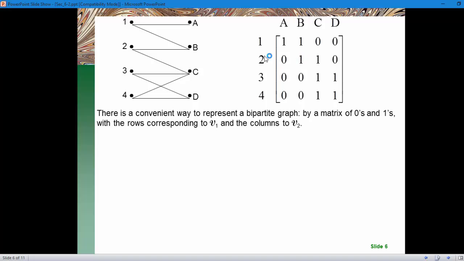But that's fine because this matrix is only for bipartite graphs. If we had an edge here, then this graph wouldn't be bipartite. So remember that this type of matrix is not an adjacency matrix like we learned before. It's a different type of matrix, and it works only for bipartite graphs.